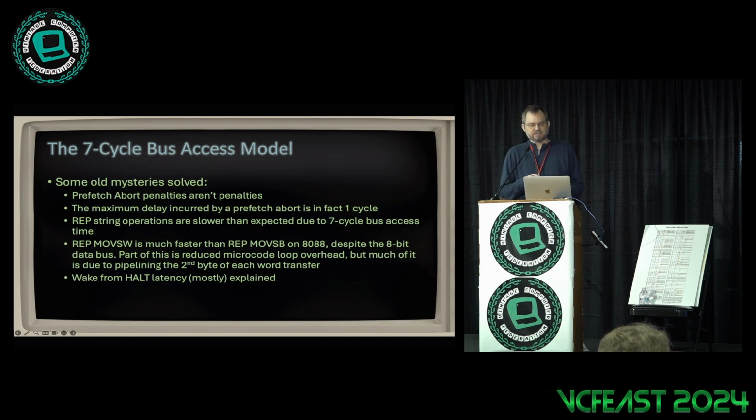But the reason it's so much faster, not just because of reduced loop overhead, there's only 3 cycles of loop overhead, but a lot of it has to do with the fact that that second byte in that word transfer is pipelined, which is something we couldn't really explain until now. And it also explains why it takes a few cycles for us to wake from halt on an interrupt, because the interrupt is another bus cycle. And so it has to go through the same calculations.